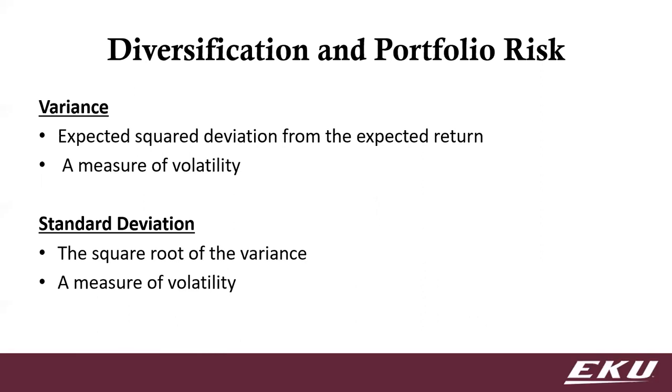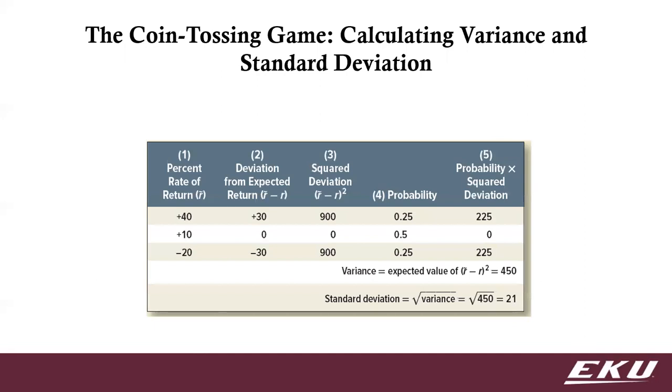I'll show you an example with that, just to calculate how we would get that standard deviation. You see there in column 1 the rate of return. You get a rate of return of 40%, 10%, or -20%, like really good times, average times, and a recession.